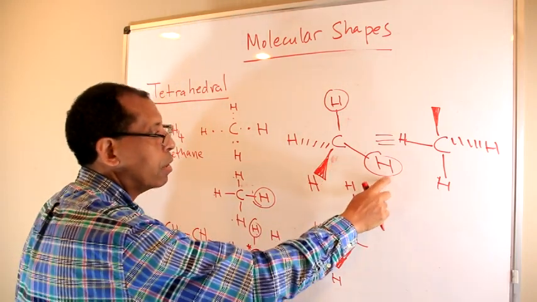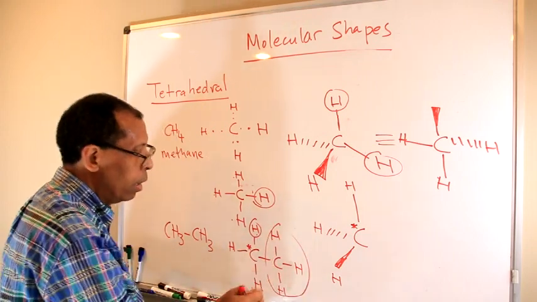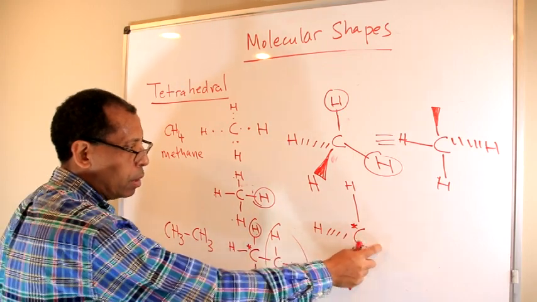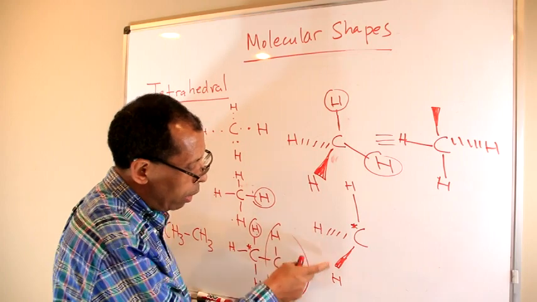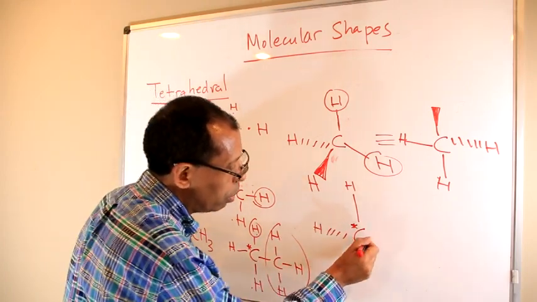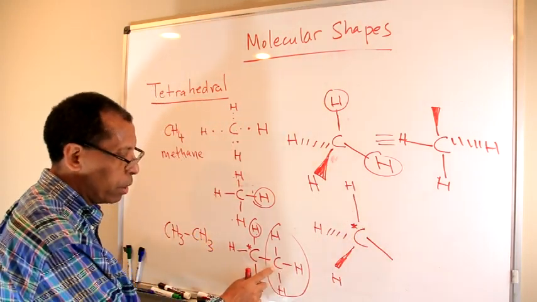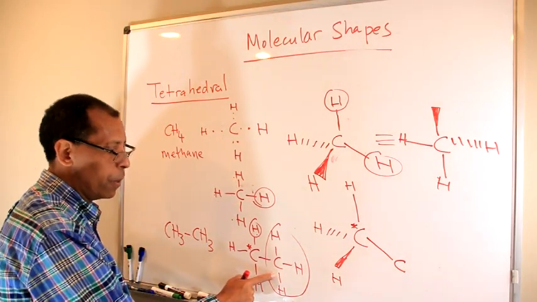But instead of this hydrogen, now I have this whole unit, this whole substituent, around here. So that means if I have one in, one out, one on the plane of the board, the next substituent should also be on the plane of the board. That is this carbon right here.